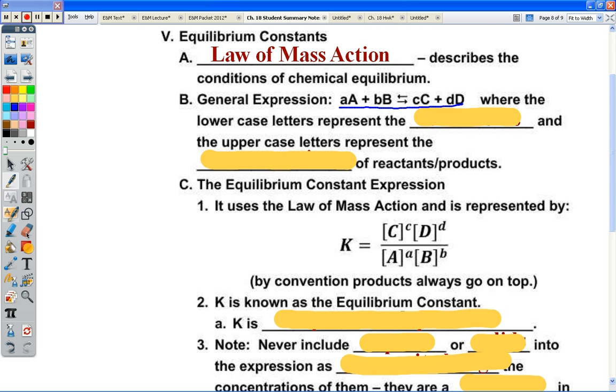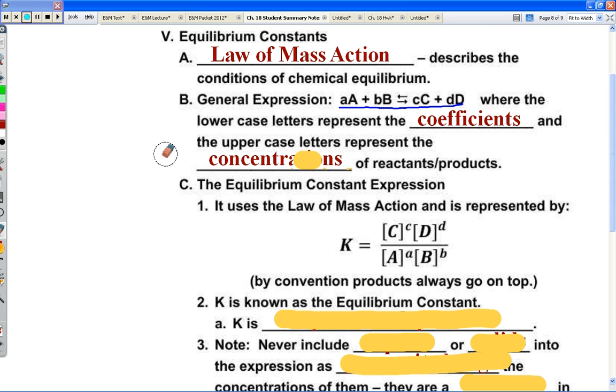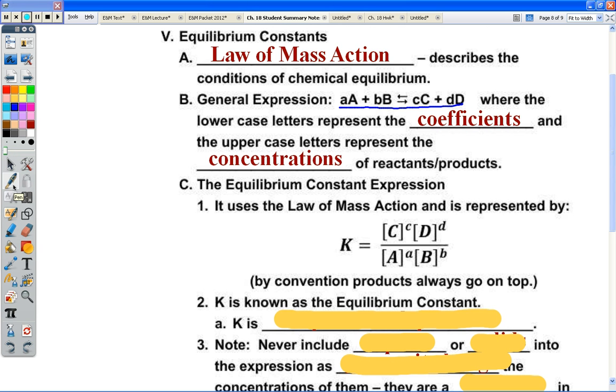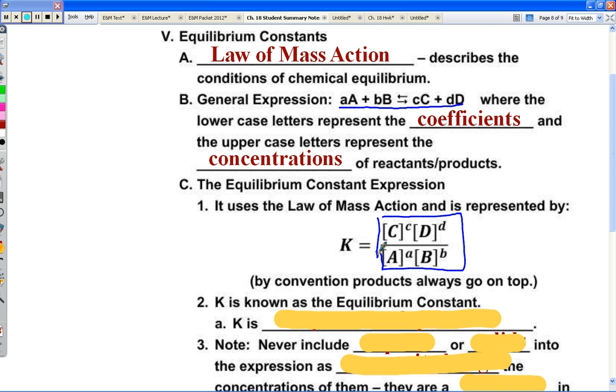Lowercase letters represent the coefficients, and the uppercase letters represent the concentrations of the reactants and products. We get this expression over here. This K, which is the constant, equals that.